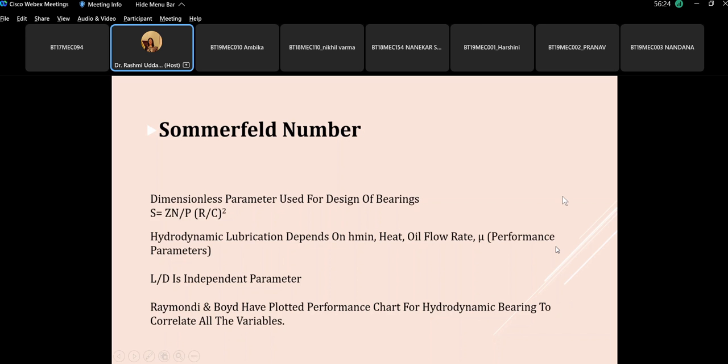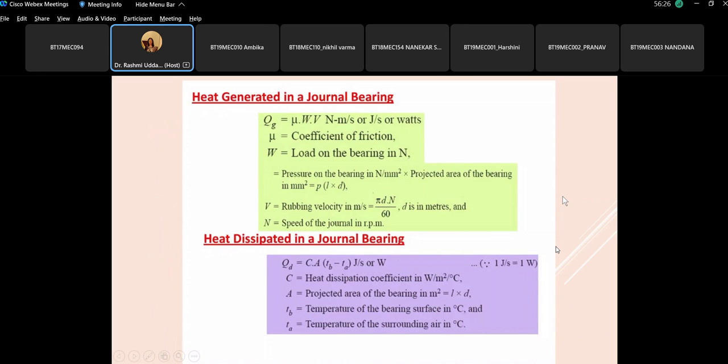And I want you to solve at least one numerical. We'll start with one numerical within 10 minutes, so you'll get more idea. The formula for heat generated and heat dissipated is given in the design data book. Heat generated would depend upon the coefficient of friction, the load on the bearing, and the velocity at which the journal is running.